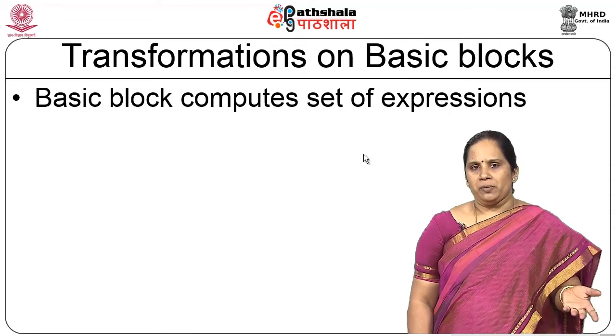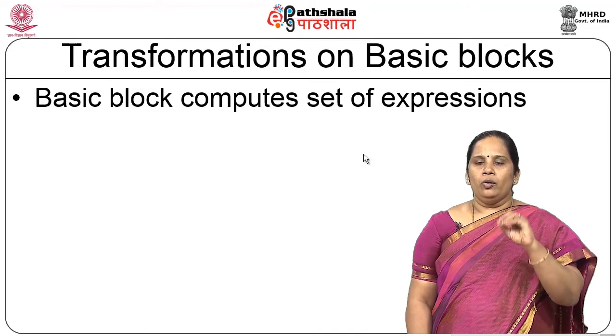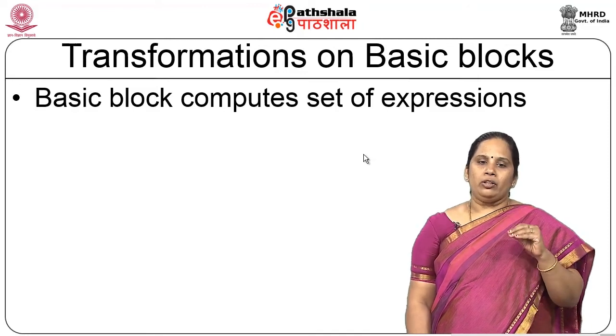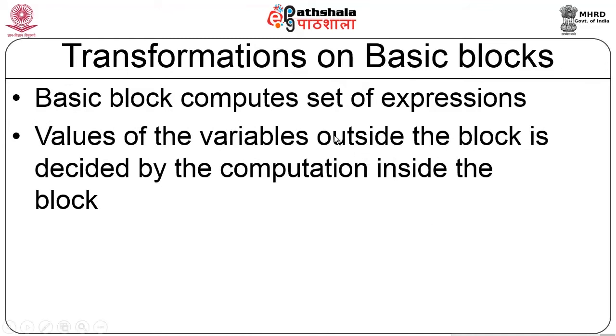One is structure preserving transformation, the other is algebraic transformation. Now to know that, a basic block can be thought of as one that computes a set of expressions, and the values of the variables outside the block are determined by the computation happening inside the basic block. So whatever you do inside the basic block will decide the value of the variable outside the block.